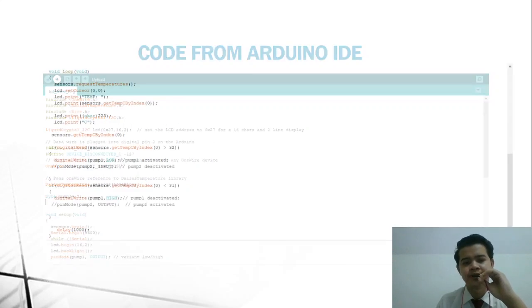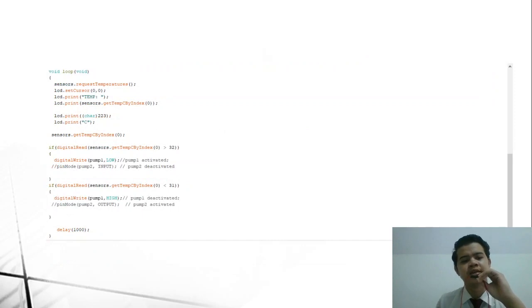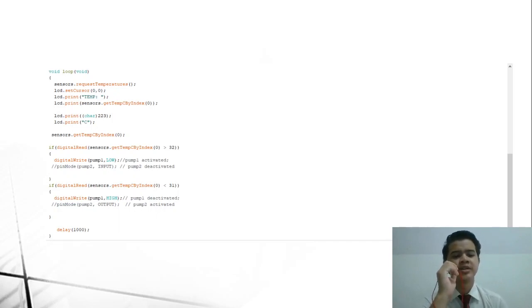For the pump, as you can see from the reading, if the temperature reading increases to 32 degrees Celsius, the pump will be low, while, sorry, there is an error in this program.